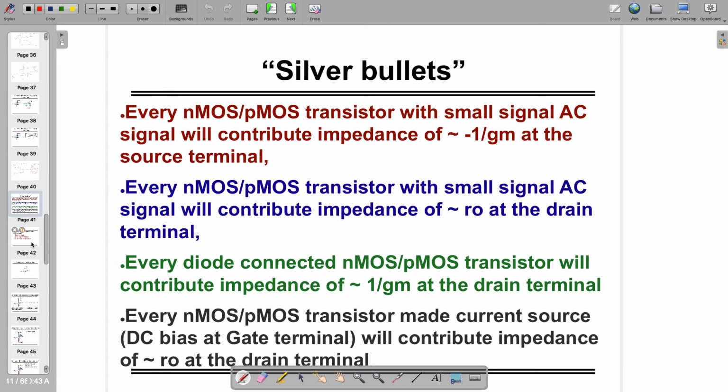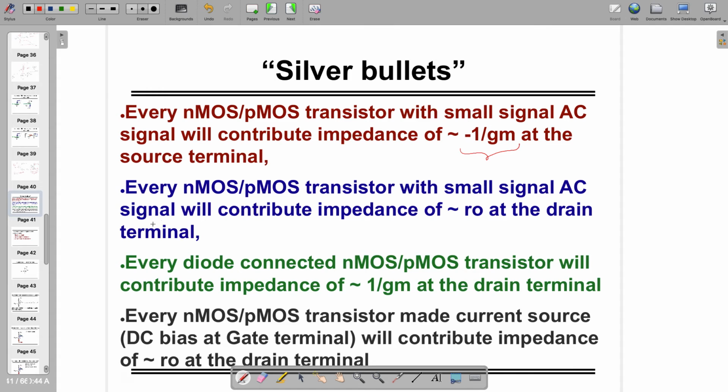So we can make a few silver bullets. NMOS or PMOS transistors with small signal AC gain will contribute an impedance of 1 by GM at the source terminal, right? Most of the time it's 1 by GM, no problem, except in the case of source degeneration or maybe the cascode one.